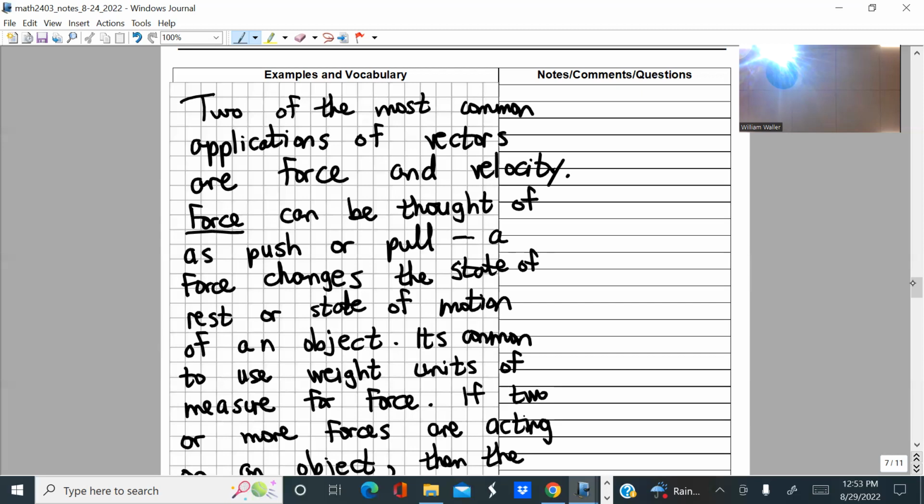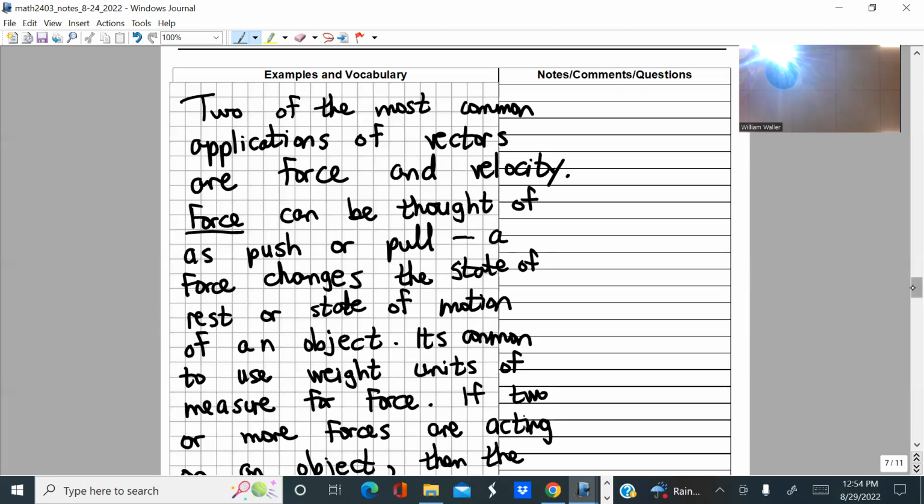Velocity is very similar as well. Velocity has an amount, a quantity of velocity, but there's also direction in velocity as well. In which direction is the motion occurring? We're going to see examples of both of these things.